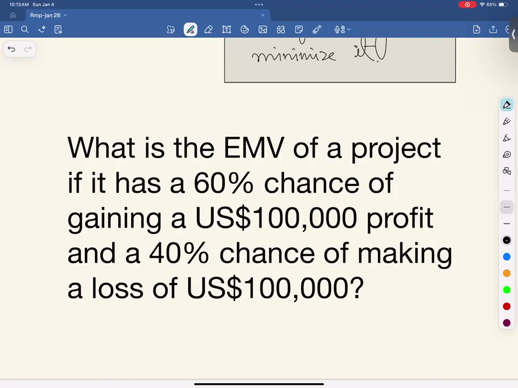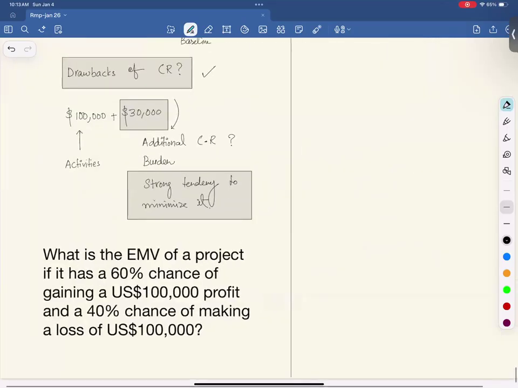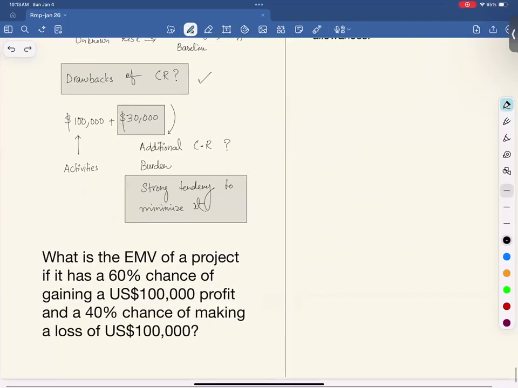Okay. So let's see. What we do is we calculate expected monetary value like this. EMV would be probability times impact of profit minus probability times impact of loss.